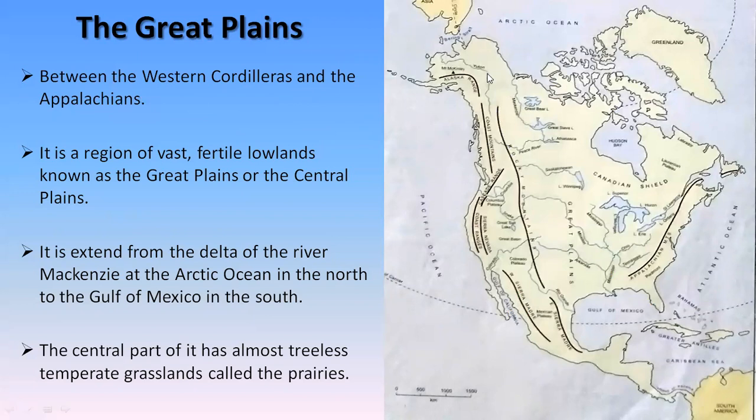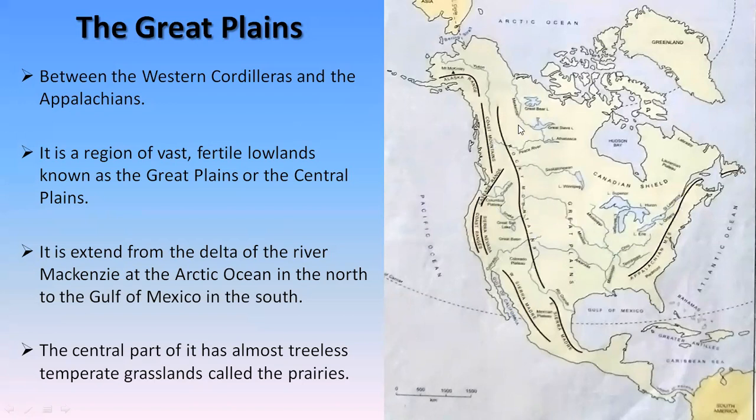Where is Western Cordilleras? All these mountain ranges together are called Western Cordilleras. Where is the Appalachian Mountain Range? On the east side, you will find the Appalachian Mountain Range. Between this and Western Cordilleras, you will find the Great Plains.